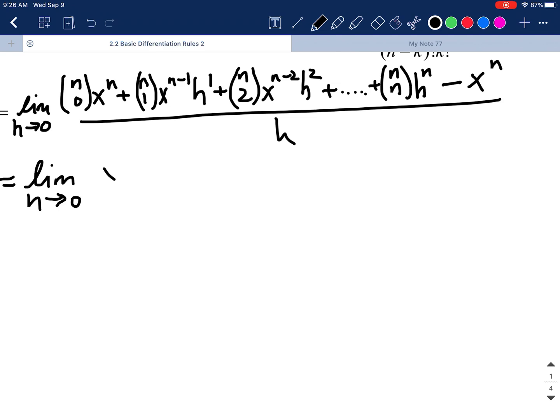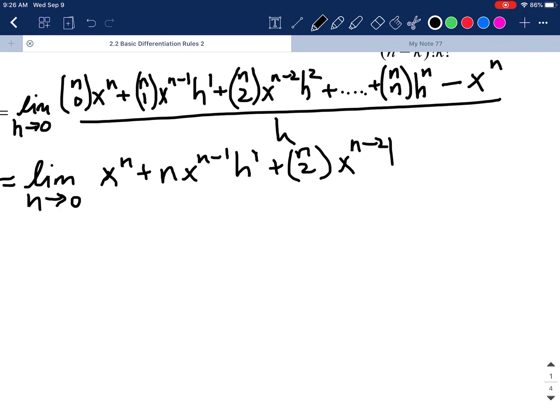So n choose 0 is just 1, so I get x to the n. N choose 1 is just n, and then I have x to the n minus 1, h to the first. And then the rest I'm just going to leave as is. So this is going to be n choose 2, x to the n minus 2, h squared.